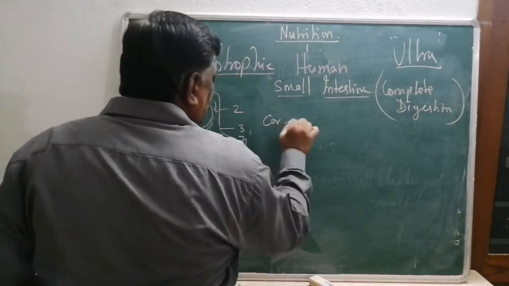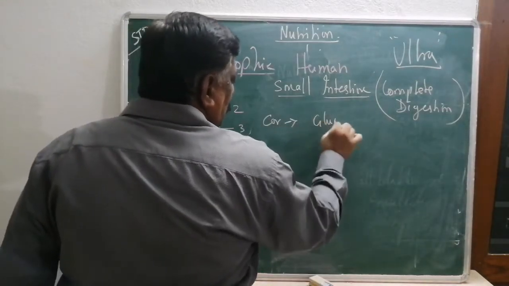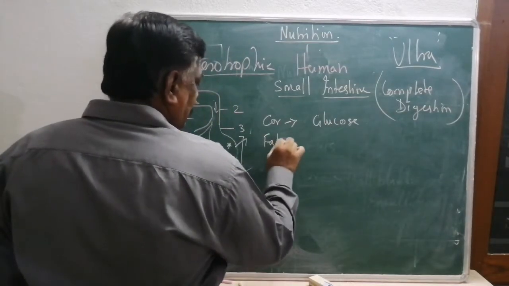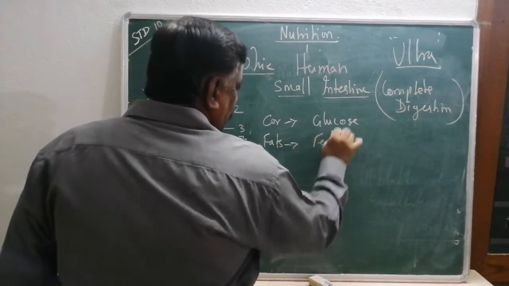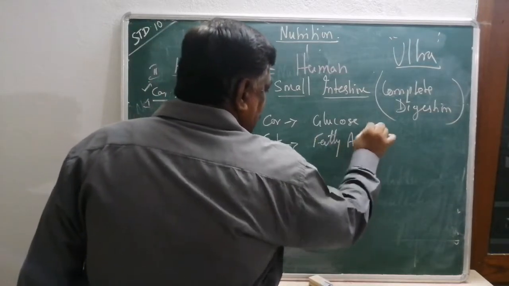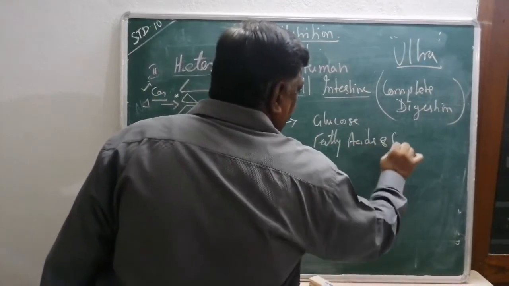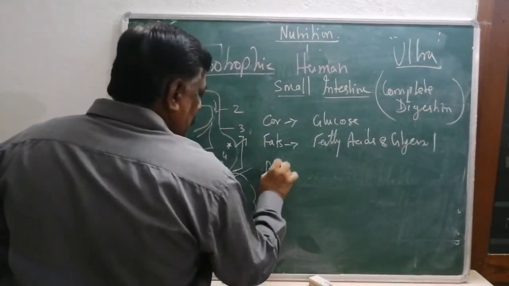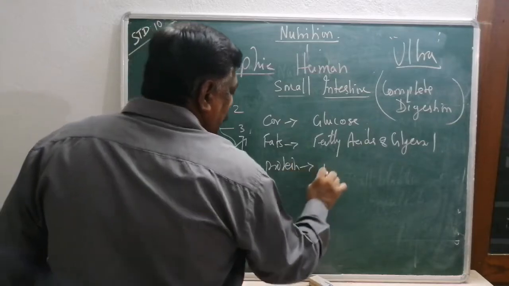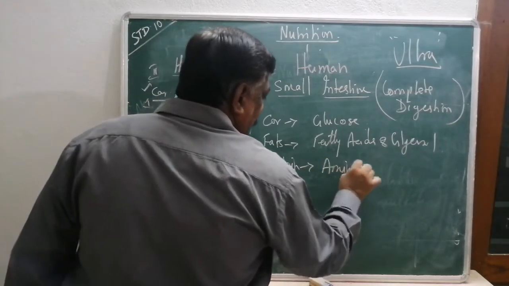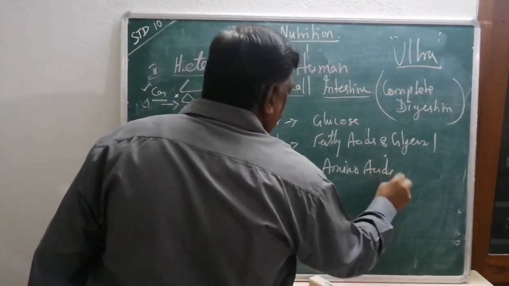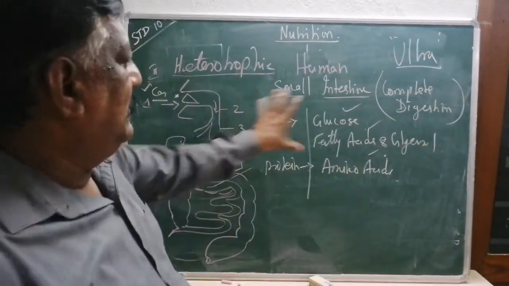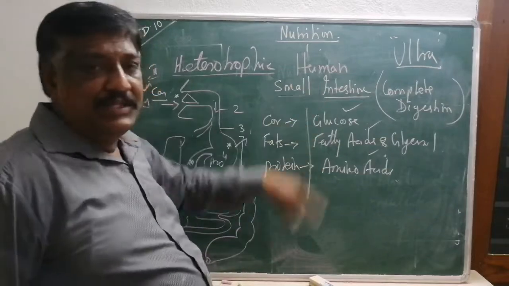So carbohydrates become glucose, a monosaccharide, fats become fatty acids and glycerol, and proteins become amino acids. Now these are the complete units of the major compounds. The complete digestion is over.